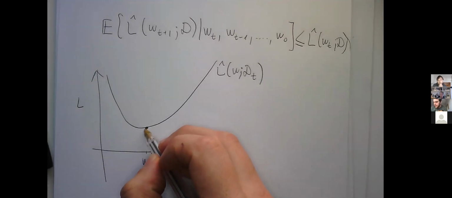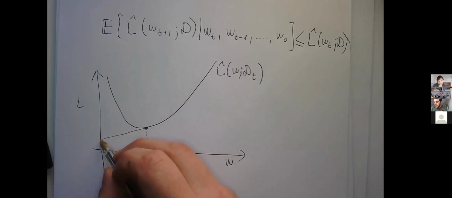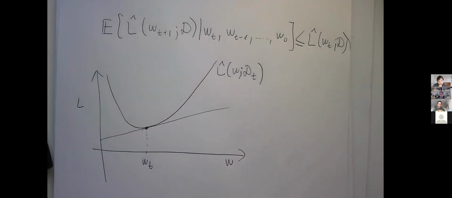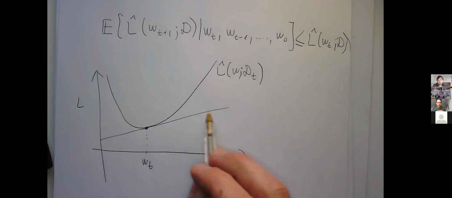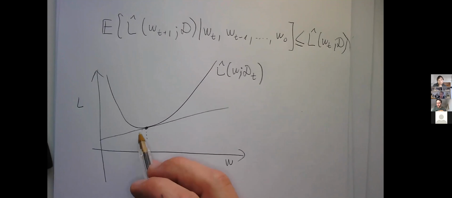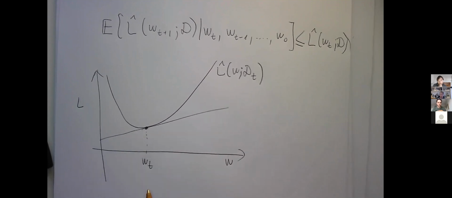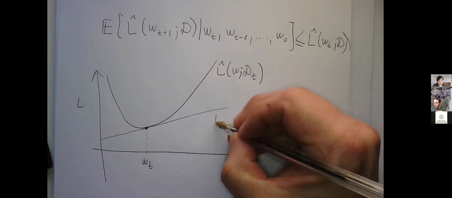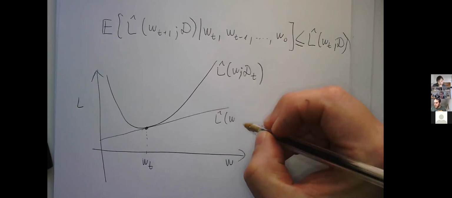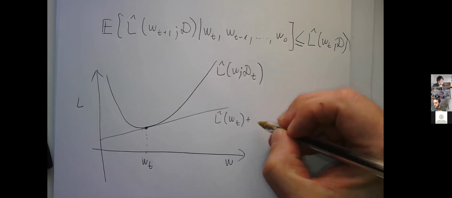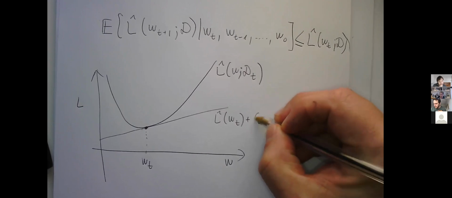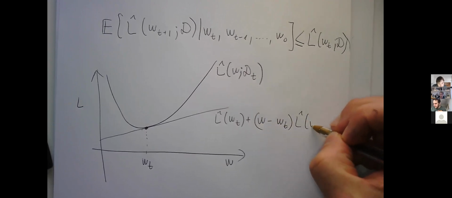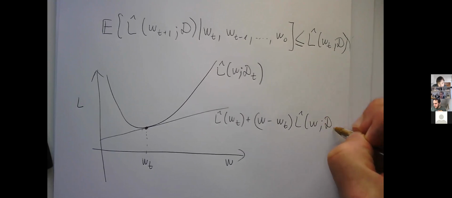What I can say is that locally around W_t, if the curvature of my function is small enough, this function looks like its first order Taylor approximation, which is essentially the best linear approximation I can make to this function that touches this function exactly at the location W_t. And this function looks like L hat of W_t plus W minus W_t times the gradient of L hat of W_t on dt.